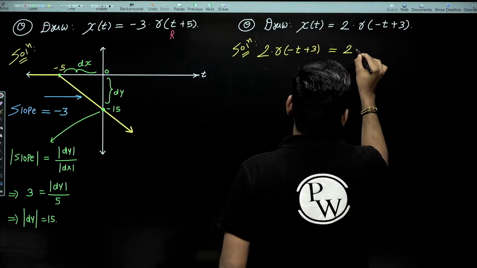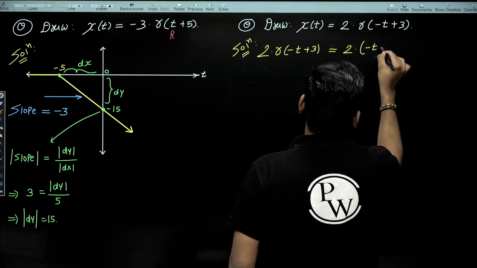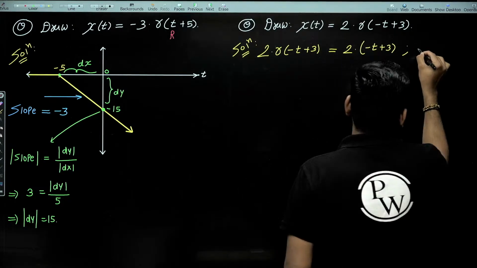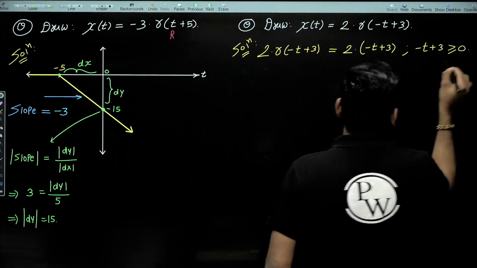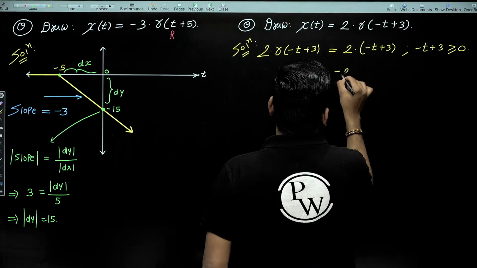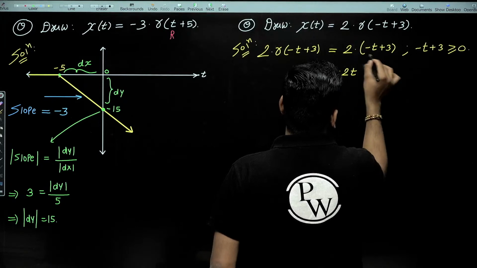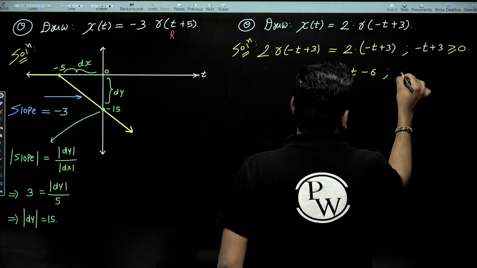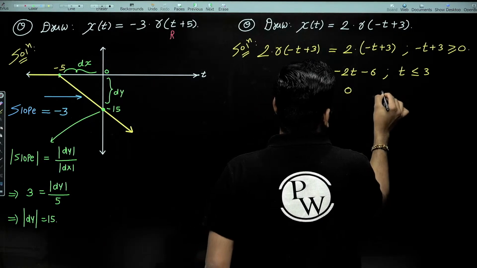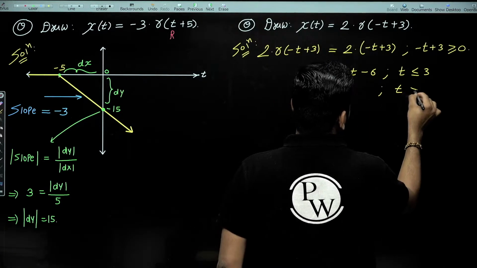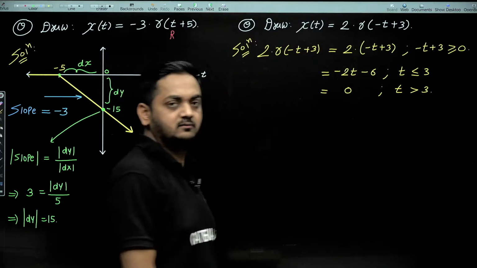So here this is 2, and t becomes -t plus 3, greater than or equal to 0. So this is equal to -2t minus 6 for t less than or equal to 3, and it is 0 for t greater than 3. This is the standard method.